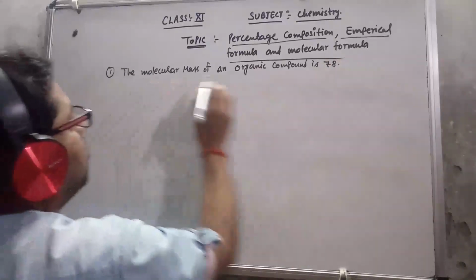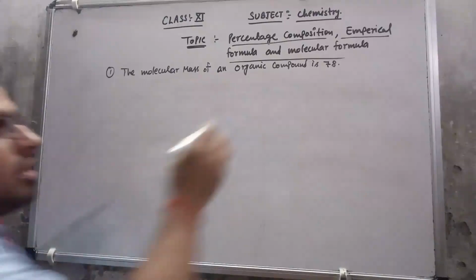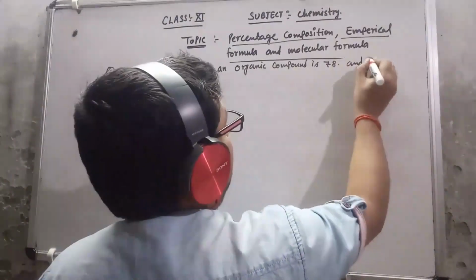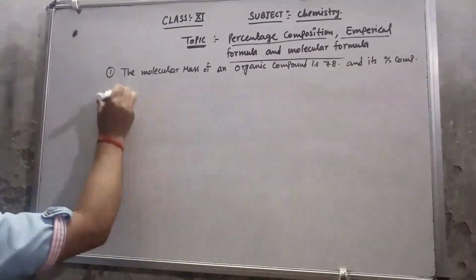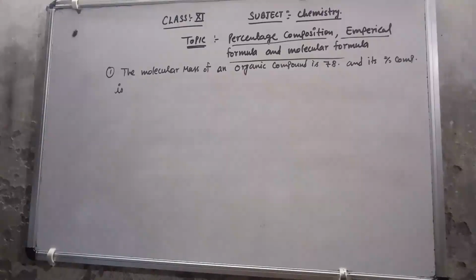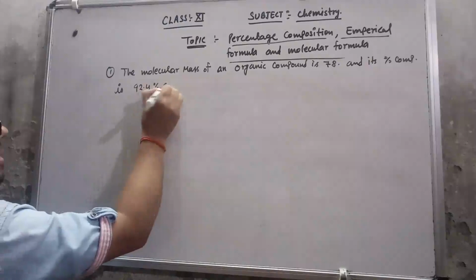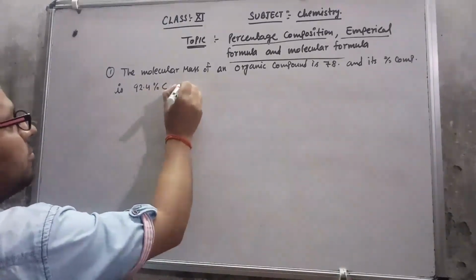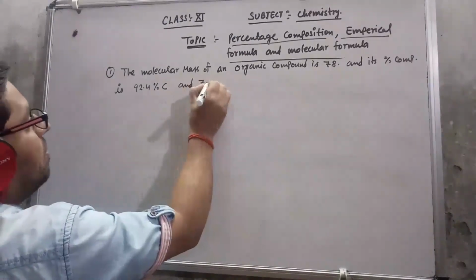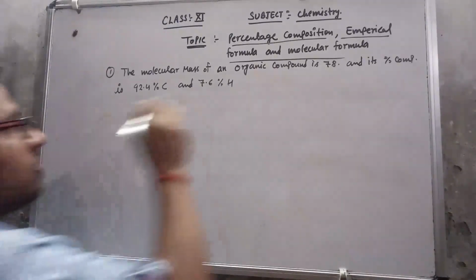They are giving us the molecular mass, okay, and its percentage composition is 92.4% carbon and 7.6% hydrogen. Determine the empirical formula and molecular formula of the compound.